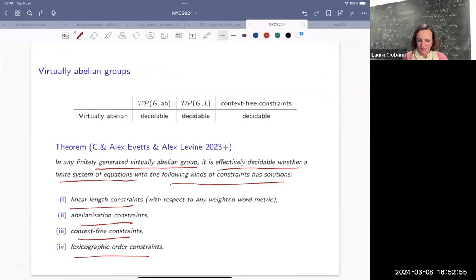So you're asking, is there a solution where x is smaller than y? Lex. So all these things that are not regular sets, typically, if you just write them in a free group or in a free monoid, turned out to be actually rational in virtually abelian groups, which is very nice, I think.